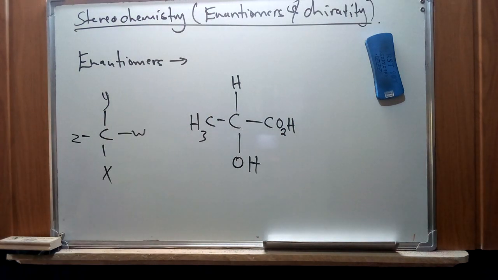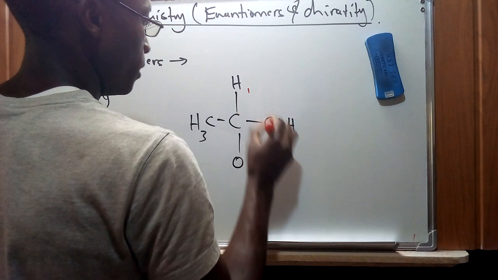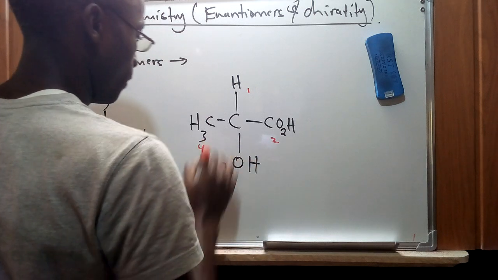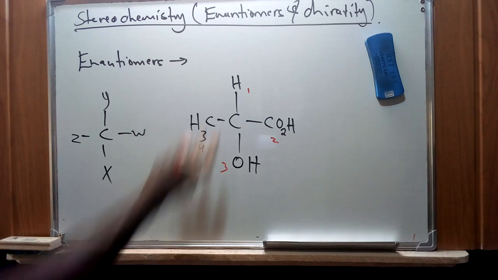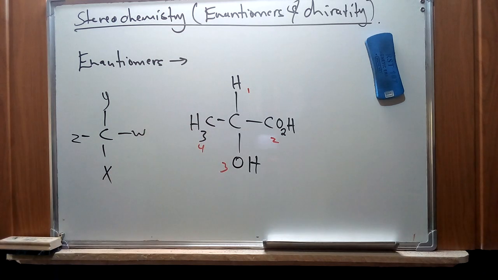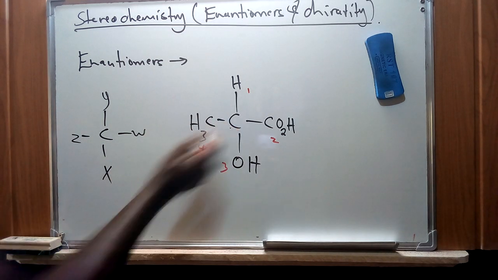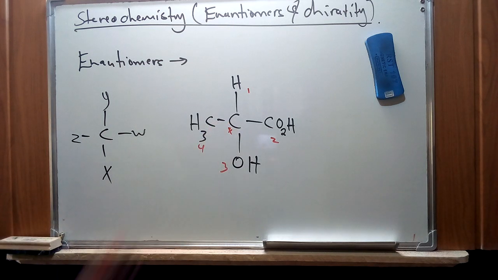So we have four different substituents, whereby if we name them in just an arbitrary way, 1, 2, 3, 4, those are four different types of molecules or just atoms. For the case of hydrogen, which has made this carbon to have four different substituents, therefore making it a molecule that we have referred to as an enantiomer.